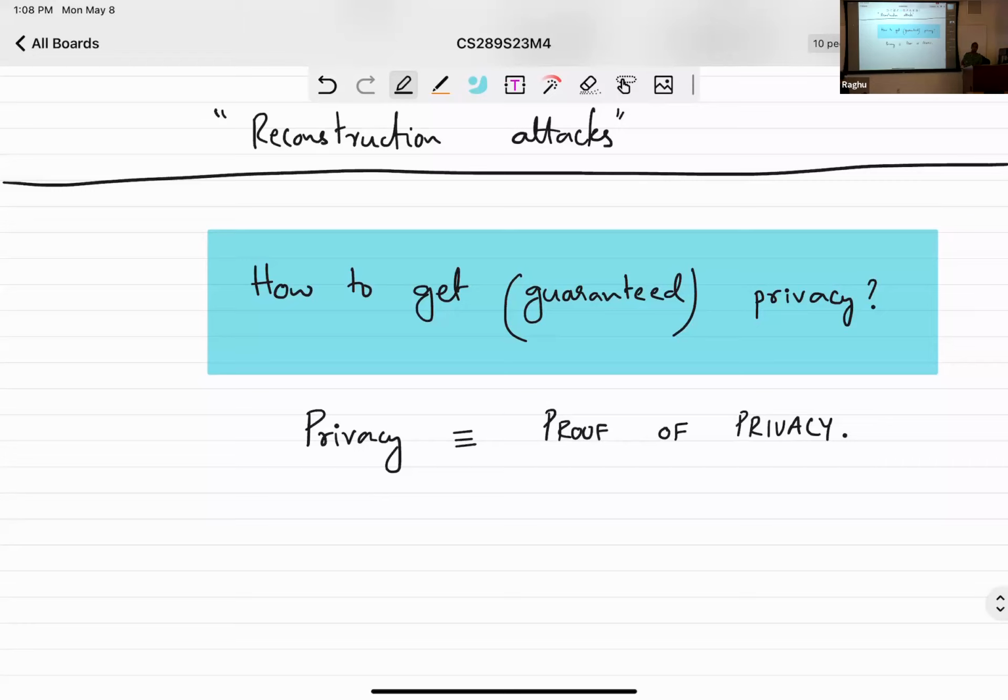At the end of the day, once you release the data set, you can't demonstrate empirically that it will withstand various attacks. You have to do something theoretically guaranteed. So this is an area where proof is the real deal. It's not like, after the fact, I'm okay with performance even if I don't have a proof. That doesn't work in privacy.